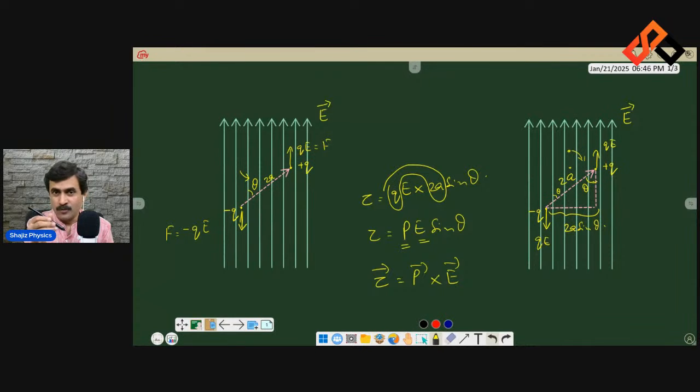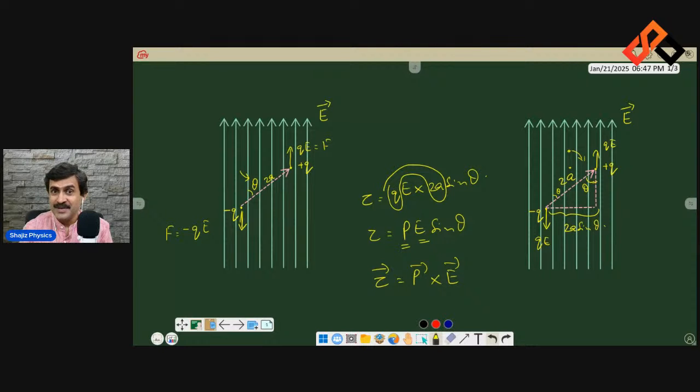So you need to do work, and the work delivered by the external agent, here it is you or me, will be stored in this particular dipole as its potential energy.